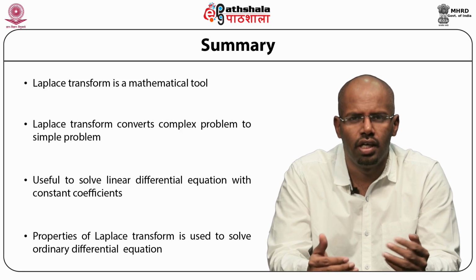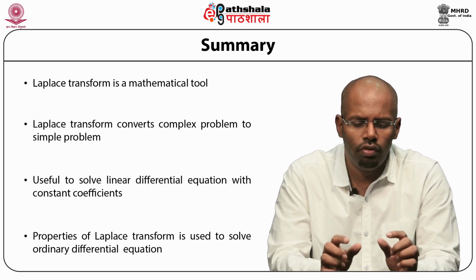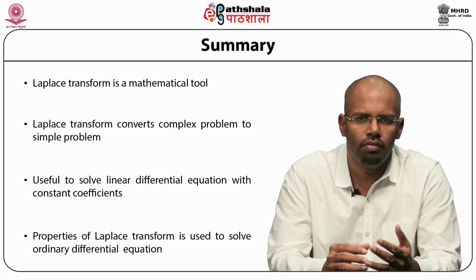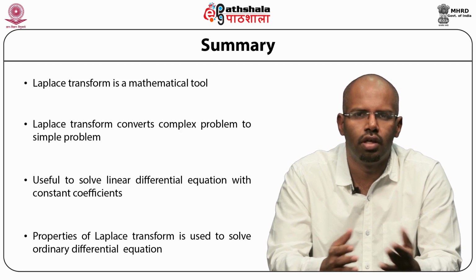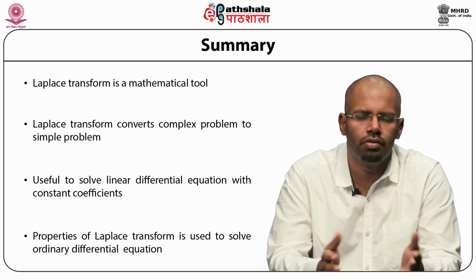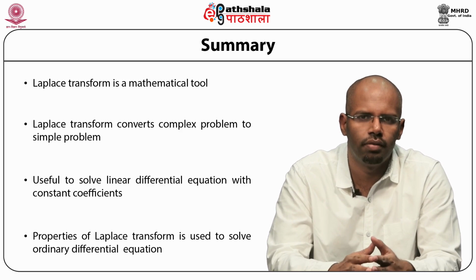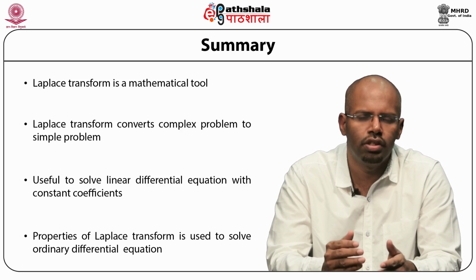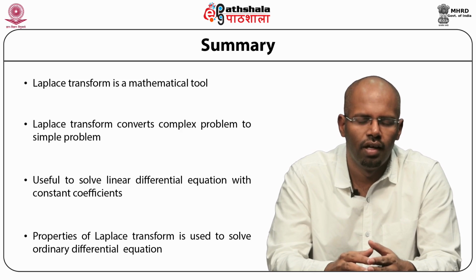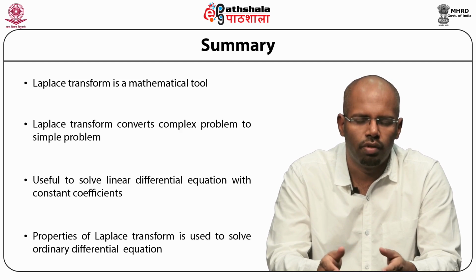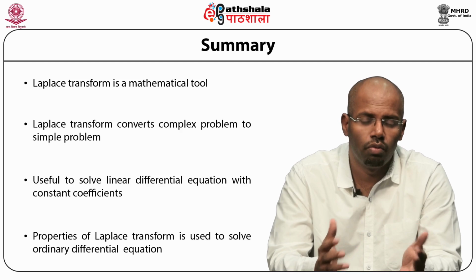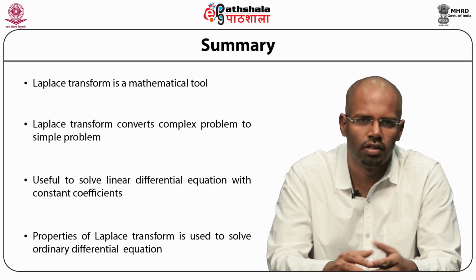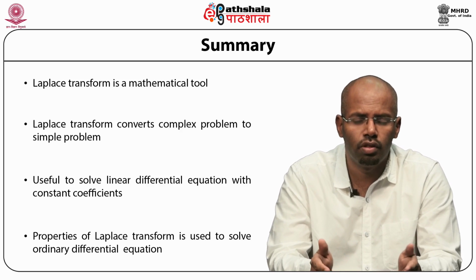It is as simple as taking a simple problem, let us say 1024 into 1024. How would you solve it? It's easier to write the problem as 2 raised to the power 10 into 2 raised to the power 10. Now it's just a simple addition of the powers, so you get 2 raised to the power 20.